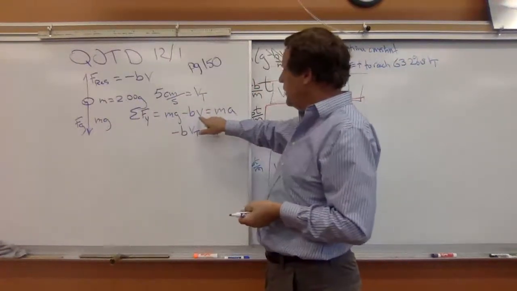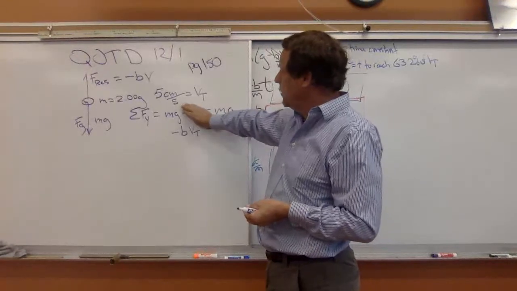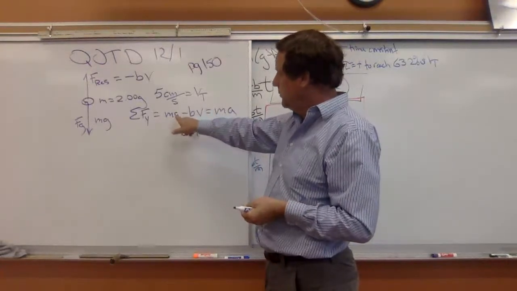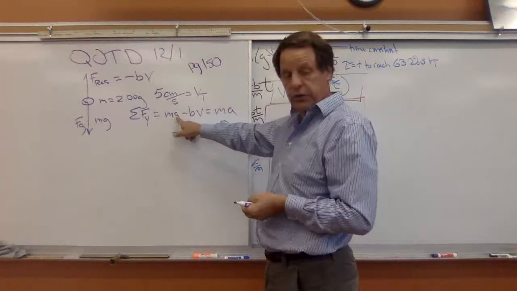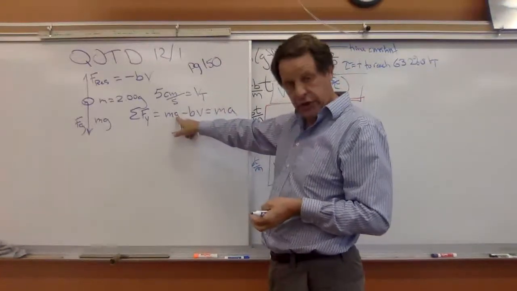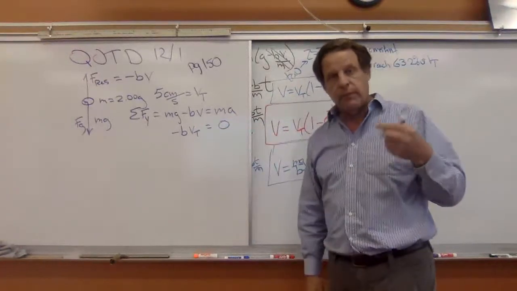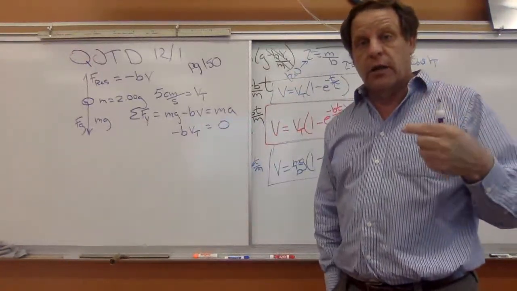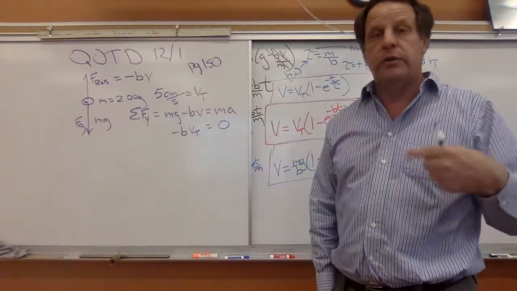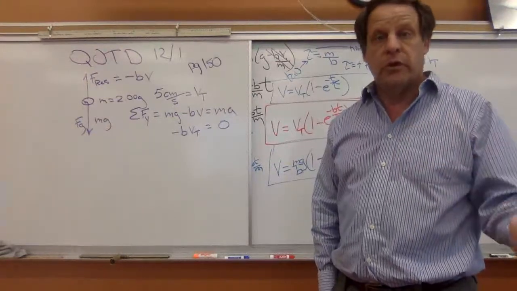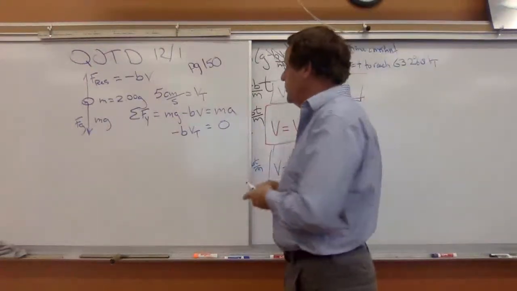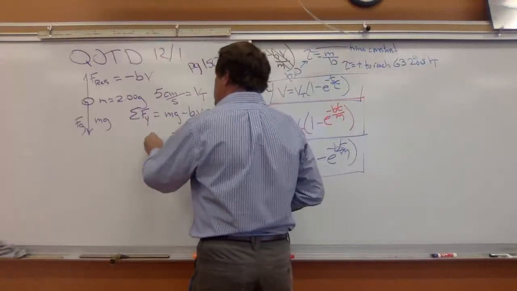Just think about this. If our velocity was 0, right when it started, our acceleration would be equal to 9.8. But as it goes faster, it's going to get lower and lower than 9.8 until it reaches 0, and at that point it's equal to terminal velocity.